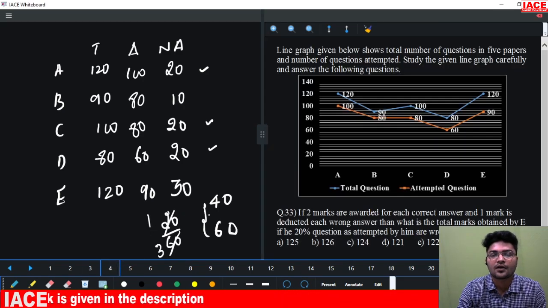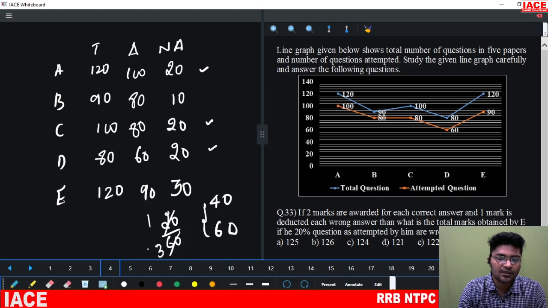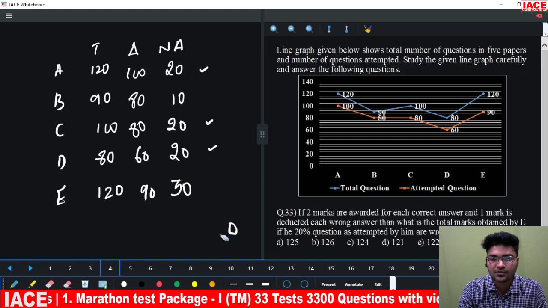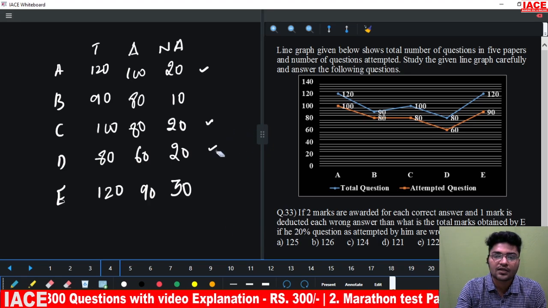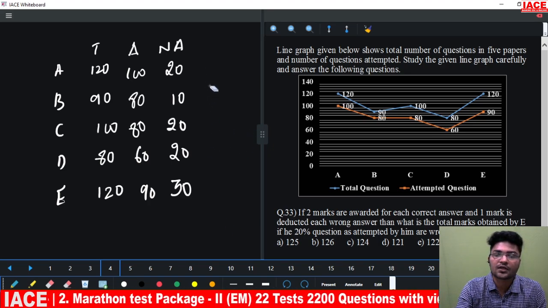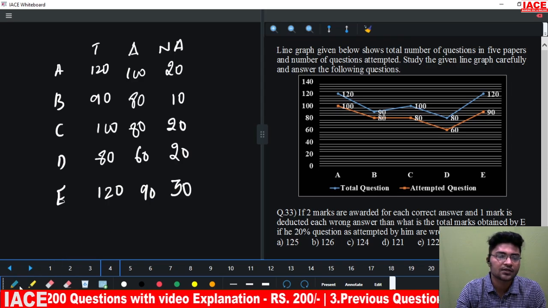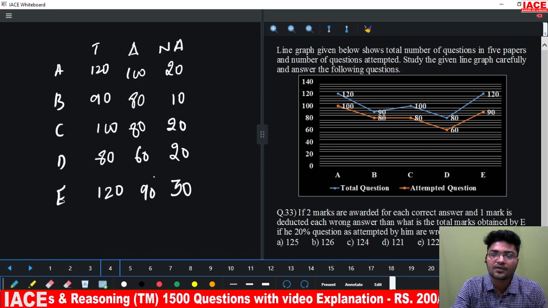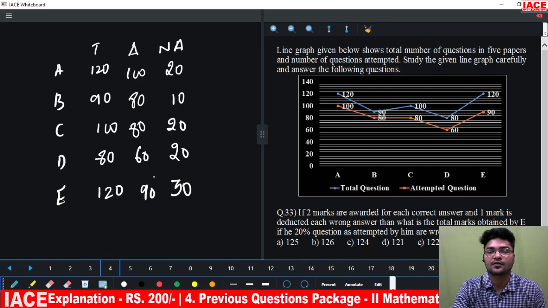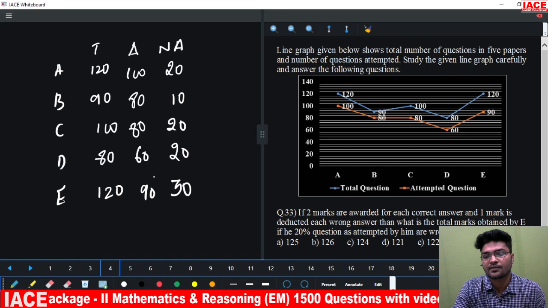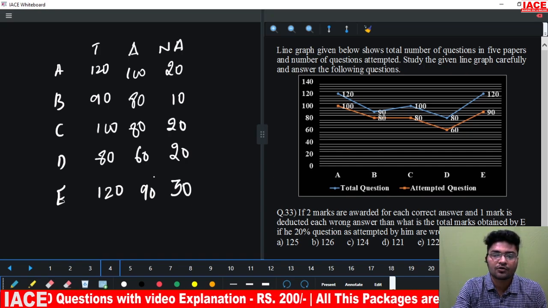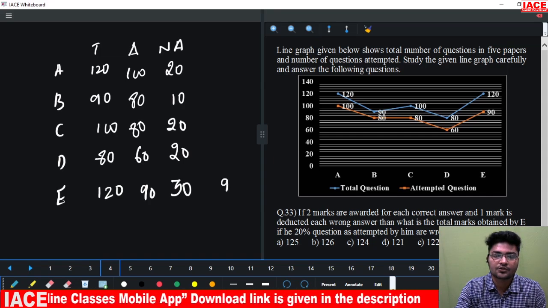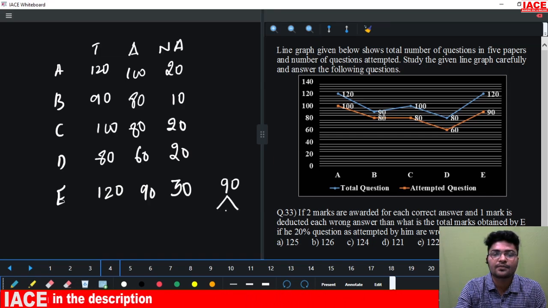Next question, question number 33. What is this question saying? If 2 marks are awarded for each correct answer and 1 mark is deducted for each wrong answer, then what is the total marks obtained by E if 20 percent of the questions attempted by him are wrong? So we are talking about E. E attempted 90 questions. In these 90 questions, 20 percent are wrong.